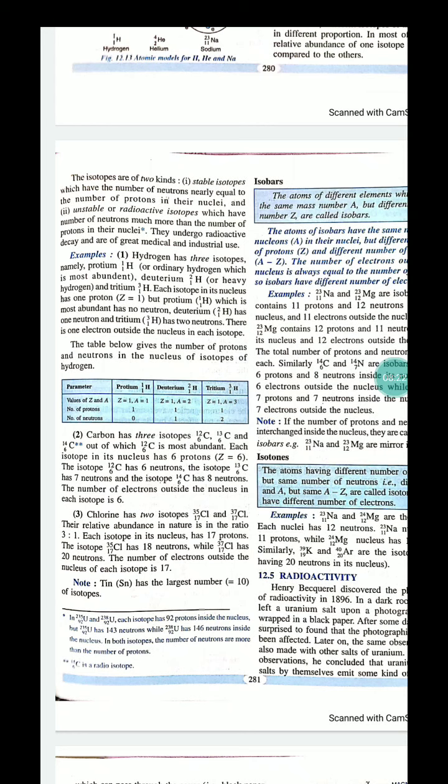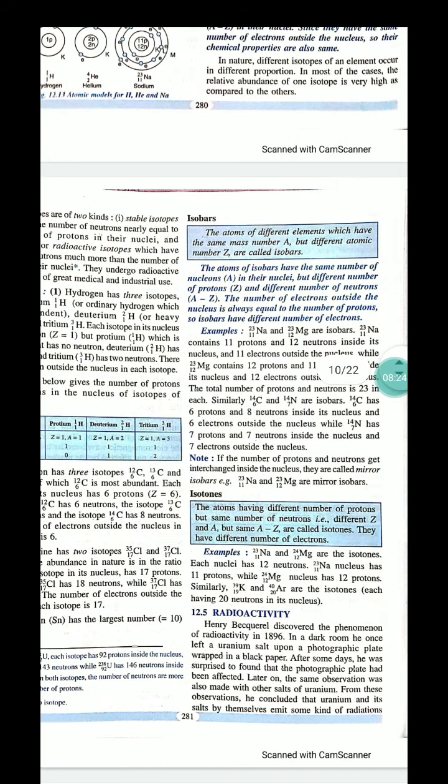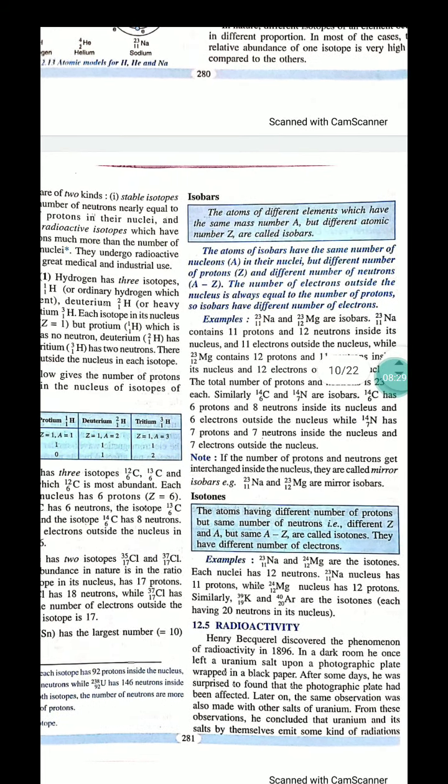Okay, now we will read about isobars. So what are isobars? Isobars are atoms of different elements which have the same mass number A but different atomic number Z. The atoms of isobars have the same number of nucleons A in their nuclei but different number of protons Z and different number of neutrons A minus Z. The number of electrons outside the nucleus is always equal to the number of protons, so isobars have different numbers of electrons.